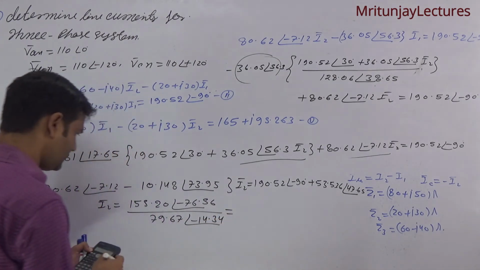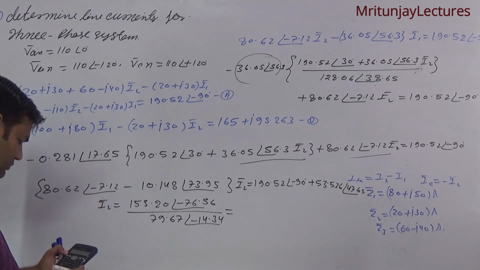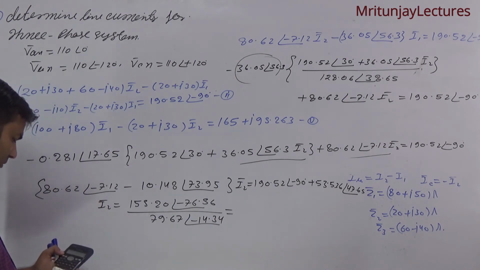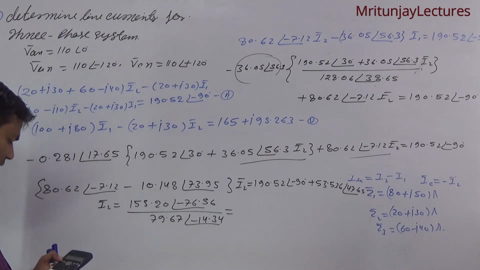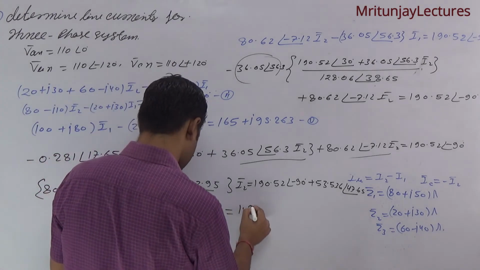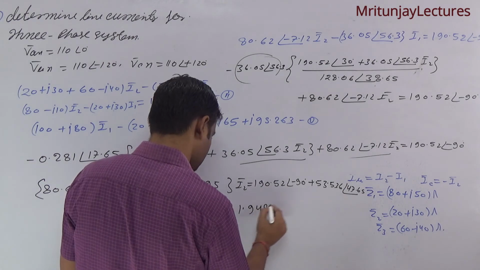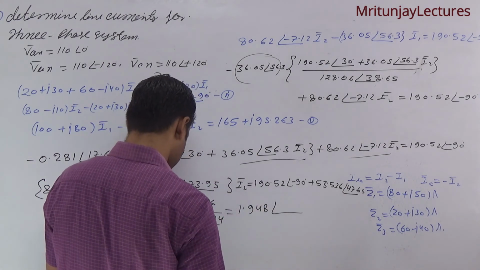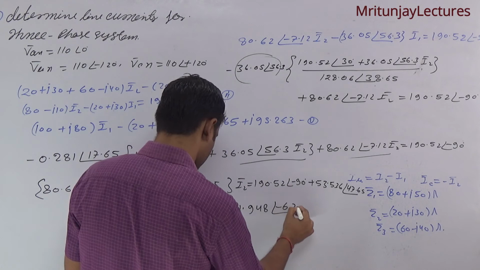Okay, so finally 155.20 at the angle minus 76.56 divided by 79.67 at the angle minus 14.34, and we got, that is 1.948 at the angle minus 62.22.